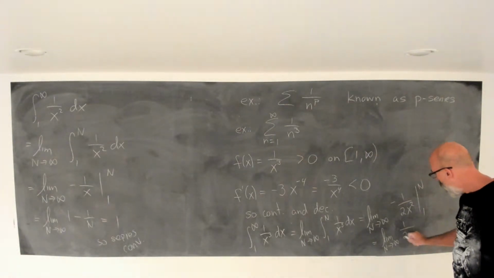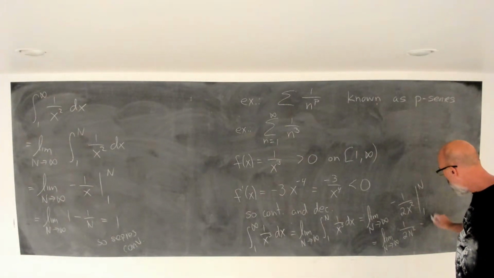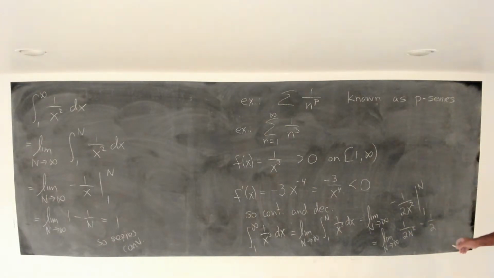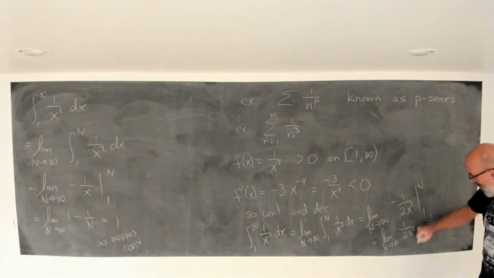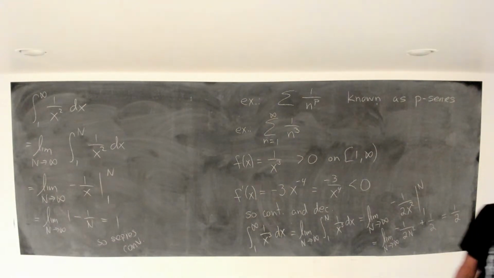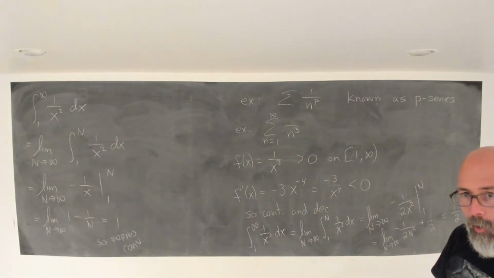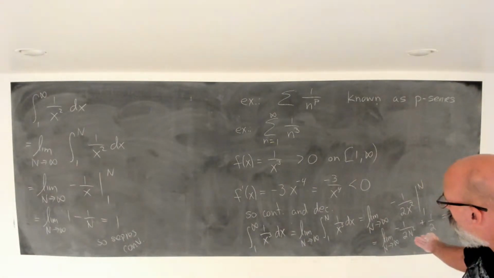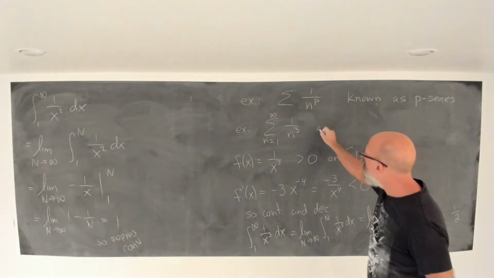Which is 1 over 2n squared minus 1 over 2, whose, no, it's the opposite, sorry, minus plus, whose limit is easily seen to be 1/2. The integral converges, so the series converges.